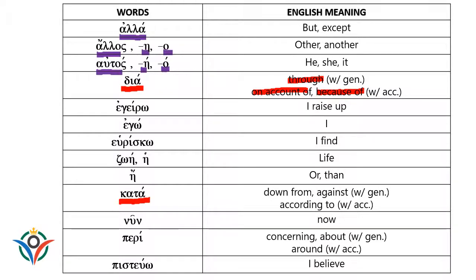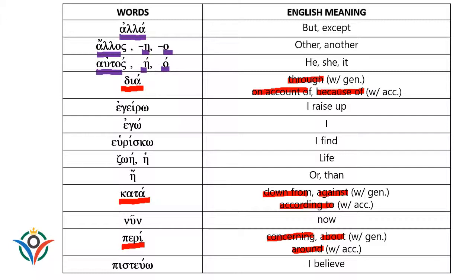When it takes its object in the genitive case, we translate it as down from or against. And in the accusative case, we translate it as according to. And then we have peri, which when it takes its object in the genitive case is concerning or about. And in the accusative case, we translate it as around. Right, so those are the prepositions for this vocab.